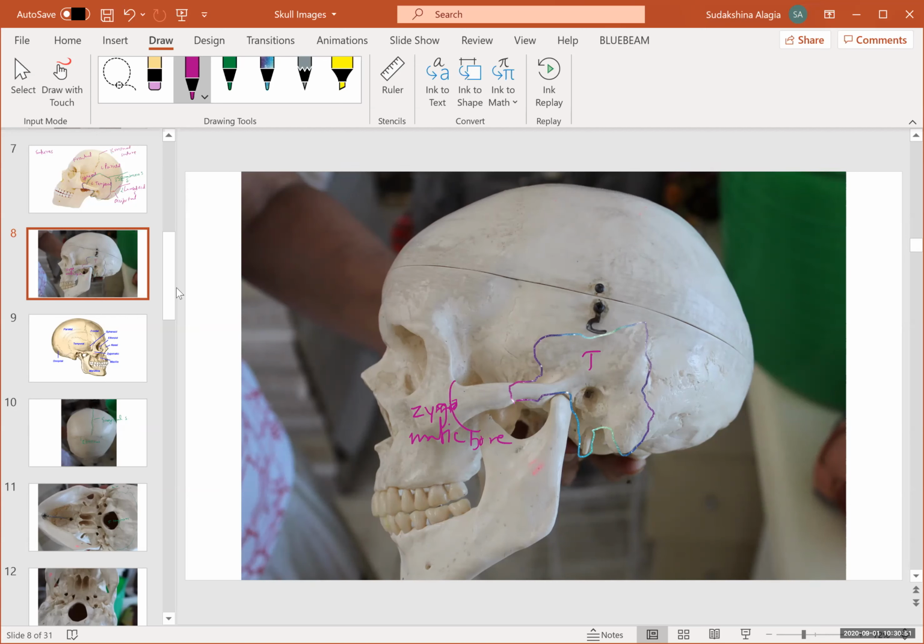This whole structure is called zygomatic arch. This zygomatic arch is made by the process from temporal bone, which we refer to as zygomatic process.